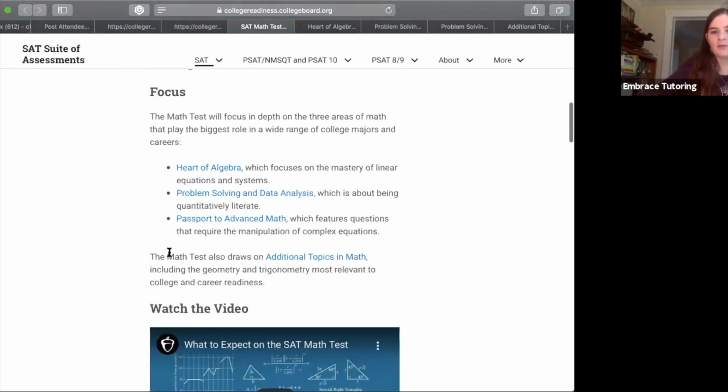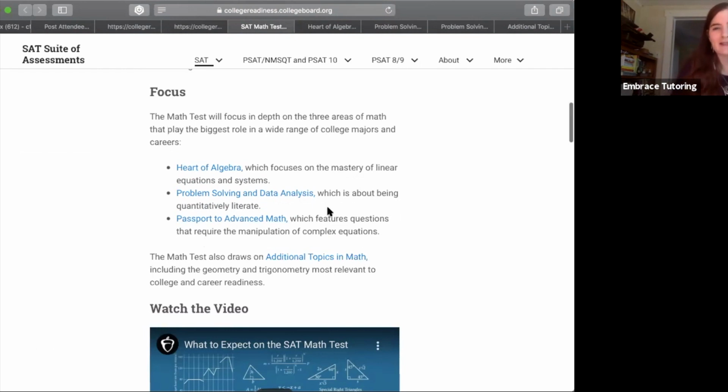It's talking about the focus of the Heart of Algebra, Problem Solving and Data Analysis, and the Passport to Advanced Math, all the different categories of questions and skills that you will be focusing on in the math test. So we want to keep in mind that even though this section doesn't look exactly like it is in the textbook, it's still the same material.